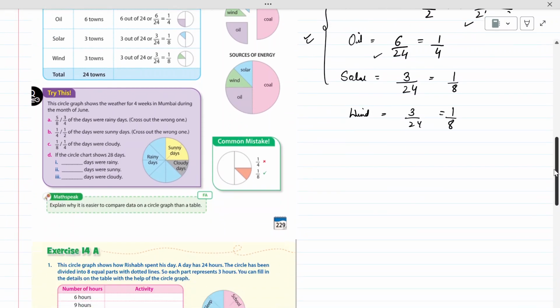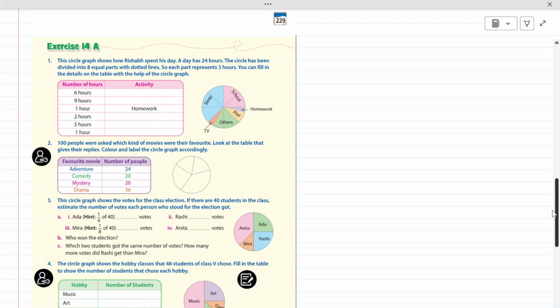Okay, so now we have exercise 14a. Let's pick this exercise. This circle graph shows how Rishabh spent his day. A day has 24 hours. The circle has been divided into 8 equal parts with dotted lines. So this is one circle. It is divided into 8 parts with dotted lines.